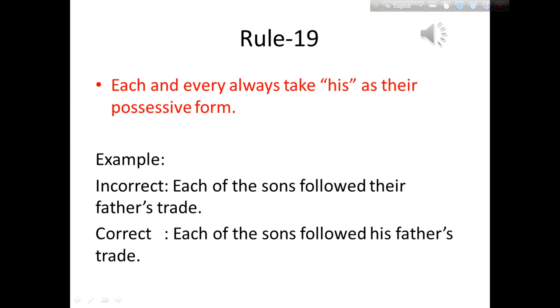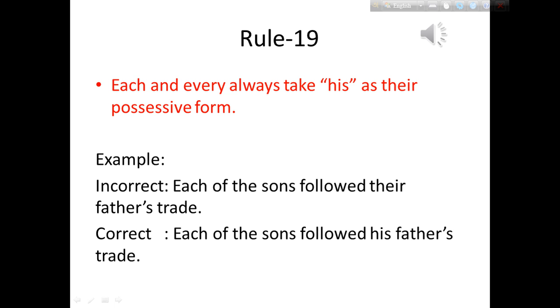Now, rule 19. Each and every always take his as their possessive form. So here the example is each of the sons followed their father's trade.